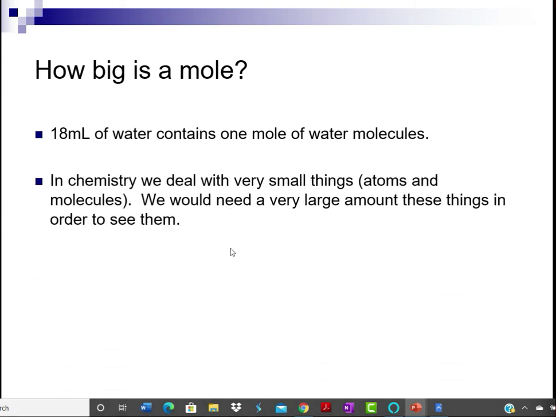of molecules. So since in chemistry we deal with very, very small things, atoms and molecules, we need a very large number. If I were to go to Dunkin' Donuts and use the unit of the mole, and I want a reasonable number, well, let's just use the grand. We know a grand is 1,000.